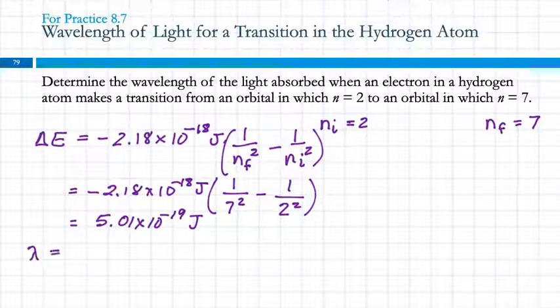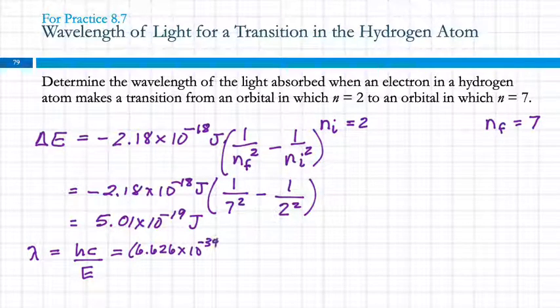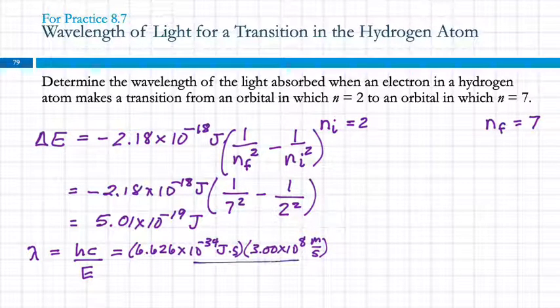The wavelength is hc over the energy change. So Planck's constant and the speed of light. And down here we have the energy, 5.01 times 10 to the minus 19 joules.